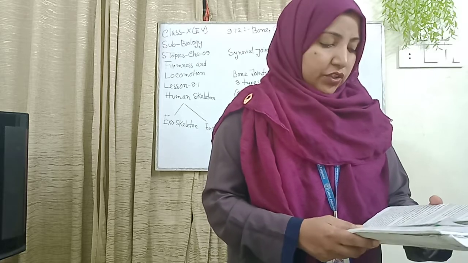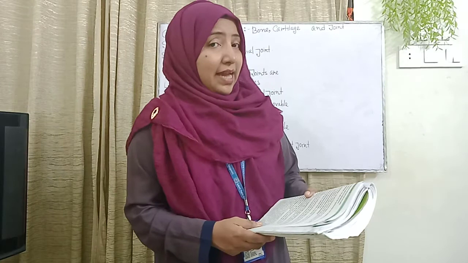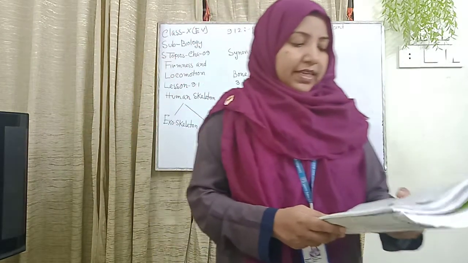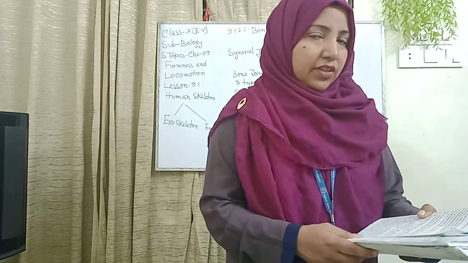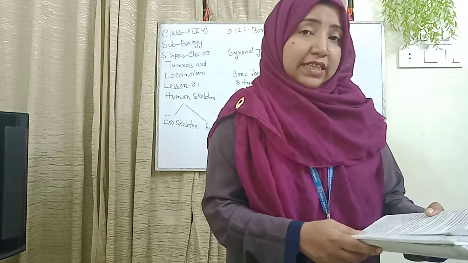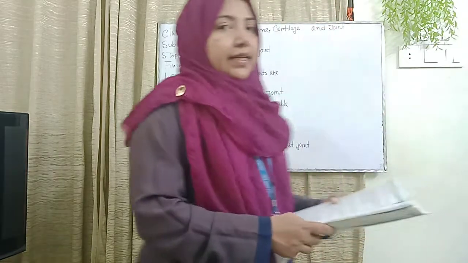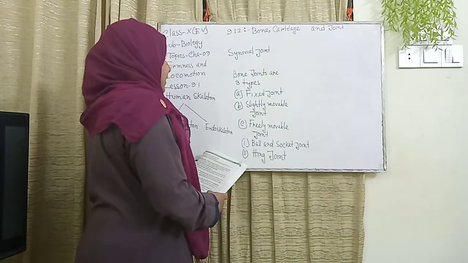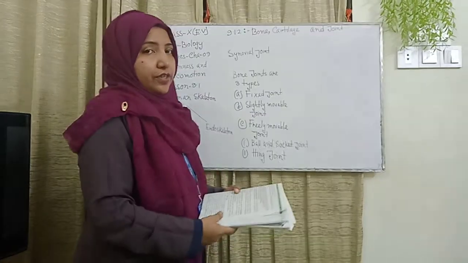Fourth is the production of red blood cells, another very important role. Fifth is the storage of mineral salts, basically calcium, potassium, phosphorus, etc. They are also stored. And students, our next structure is the bone, cartilage and bone joint.